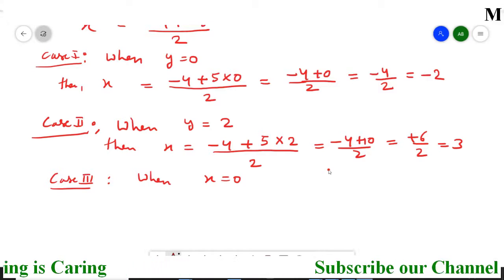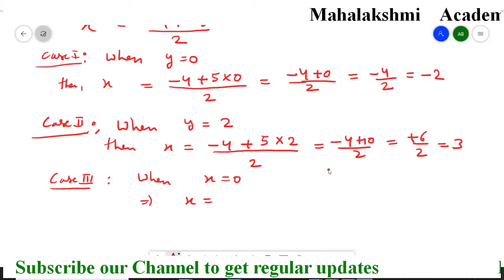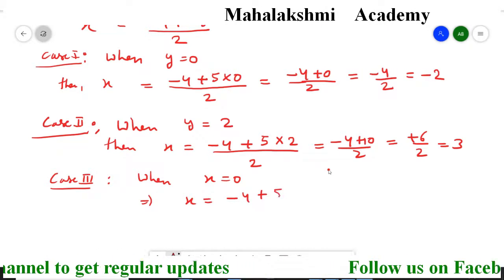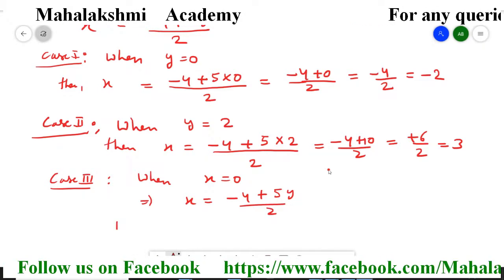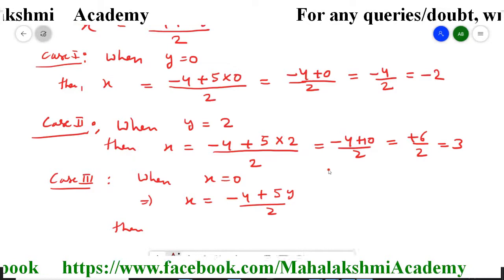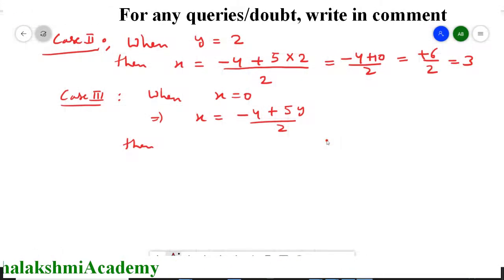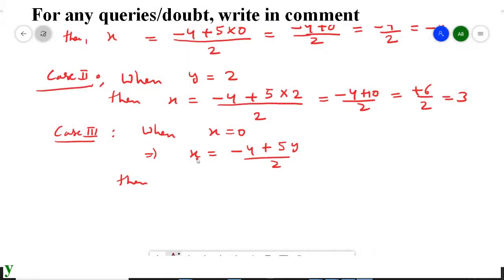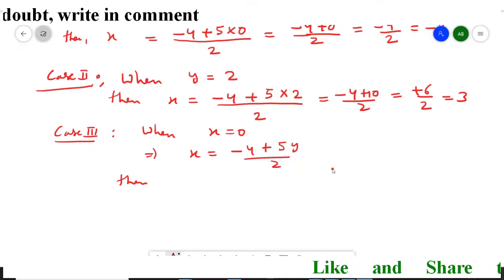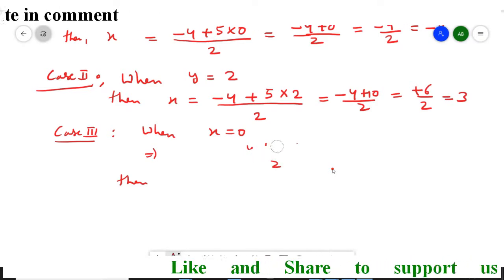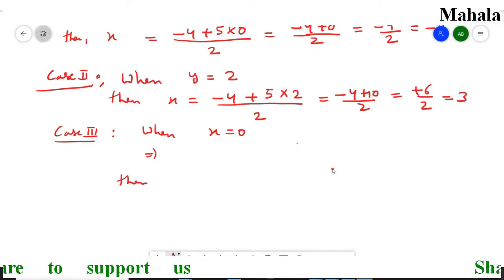The formula we calculated is x is equal to minus 4 plus 5y upon 2, but instead I will write down the equation and substitute 0 for x.